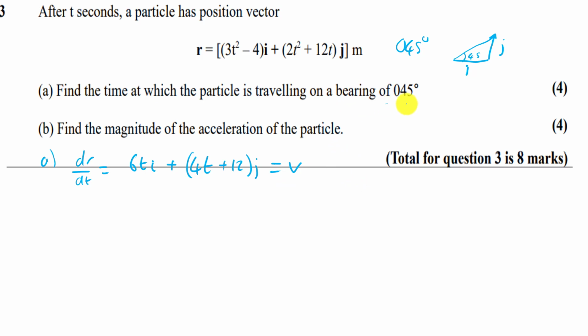So for it to be 45 degrees, the i and j components have to be the same.